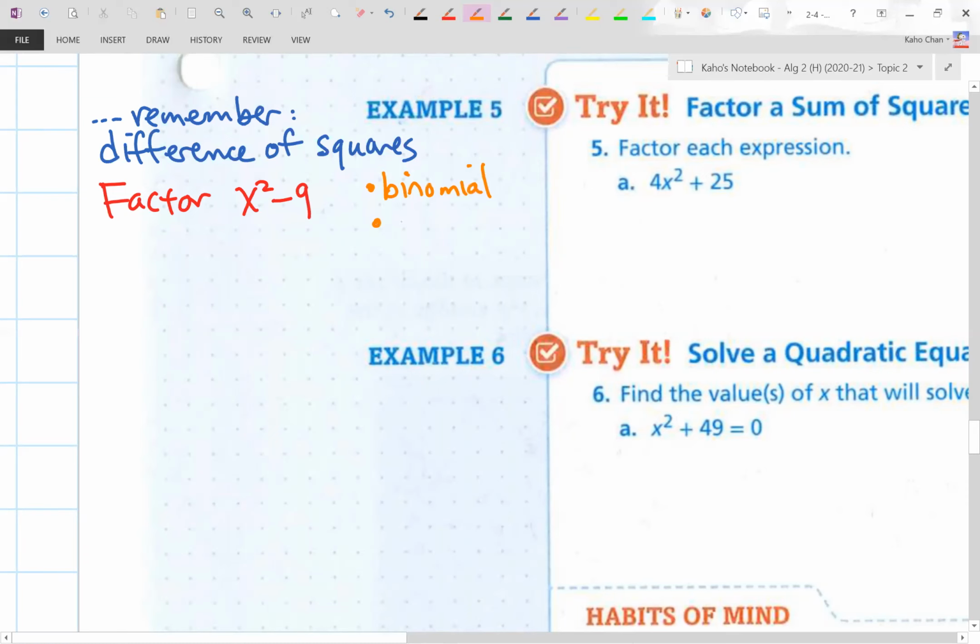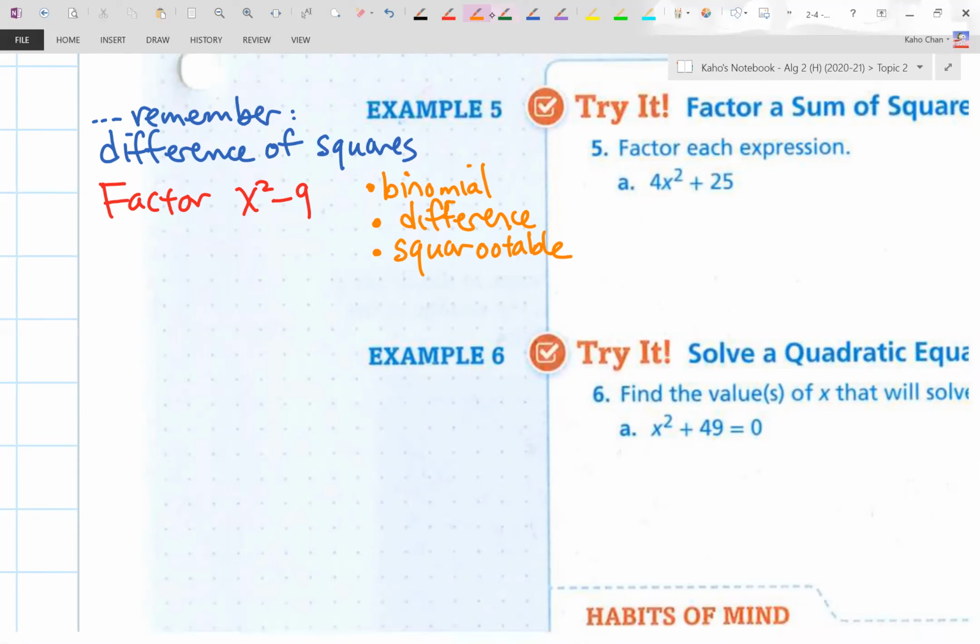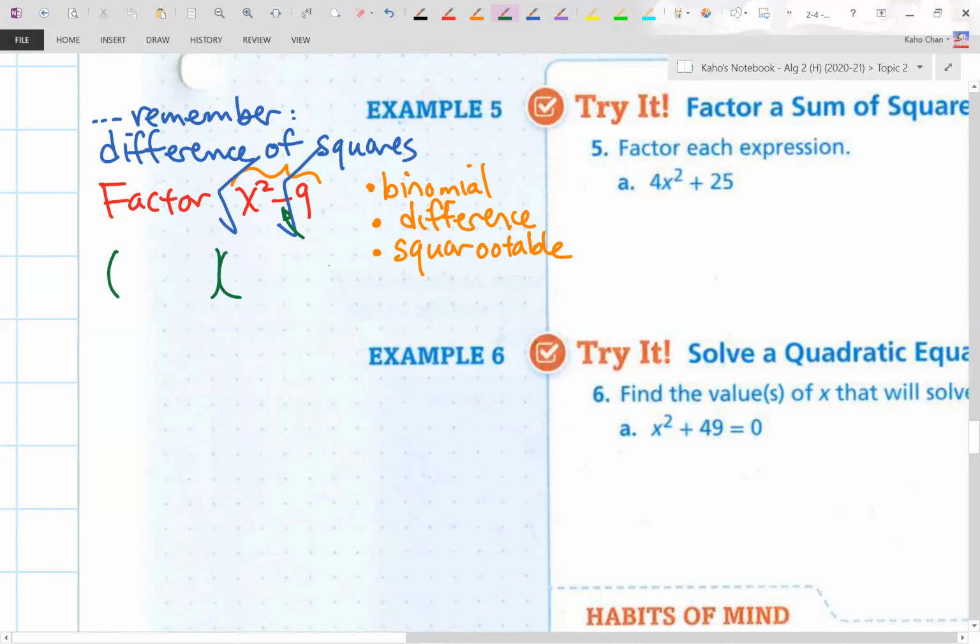And you notice right away it's a binomial. There's a minus sign or a difference. And it's square rootable. Made that word up, by the way. So here it is. There's a minus sign. It's a binomial. And it's square rootable, like that. Which means my answer is the product of a sum and difference.